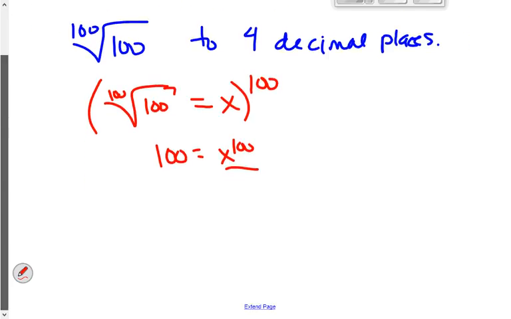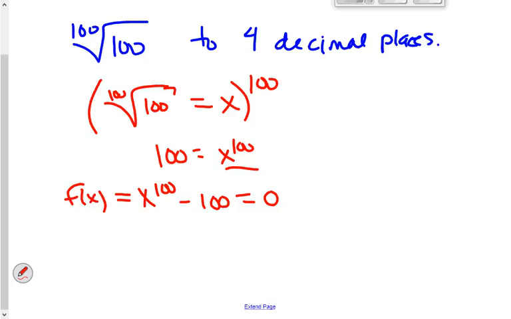So if I turn this around a little bit and make it x to the 100 minus 100, now it's equal to 0. And now it's the same thing as finding the roots of f of x equals x to the 100 minus 100.